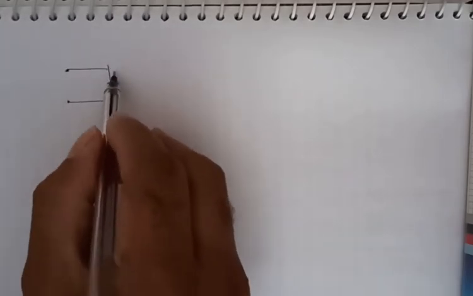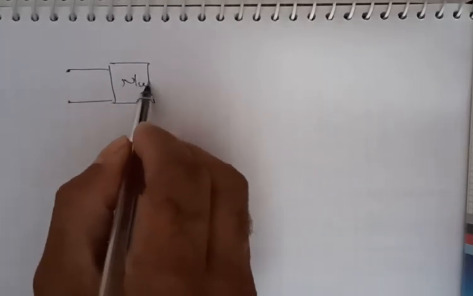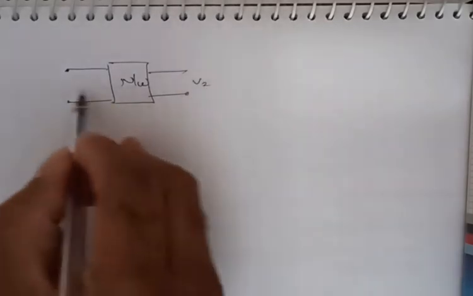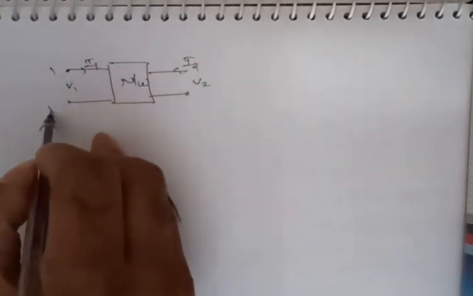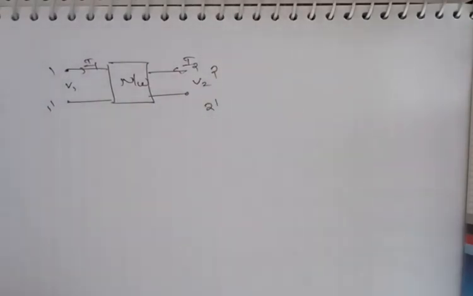Based on those parameter equations, we can give the equivalent diagram. It is very useful to draw the equivalent diagram of the transistor amplifier. Let us take the same two-port network with a rectangular box, with V1, V2, and the currents I1 and I2 between the 1-1' and 2-2' ports.